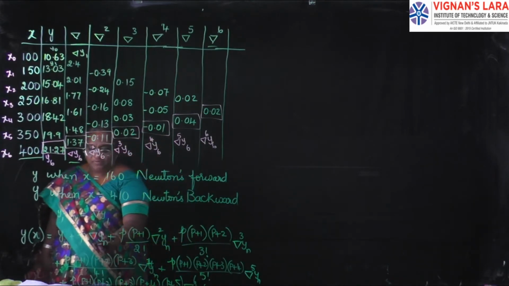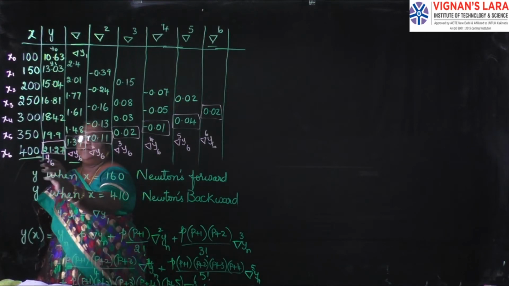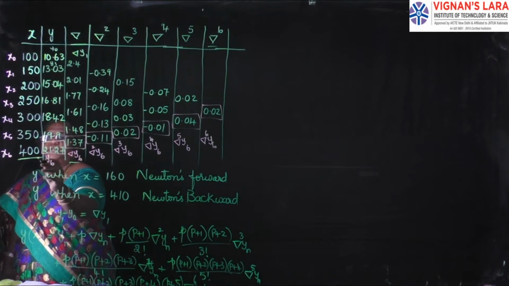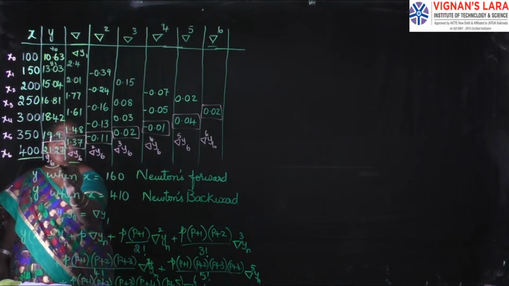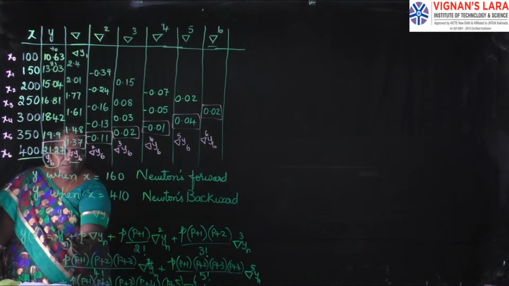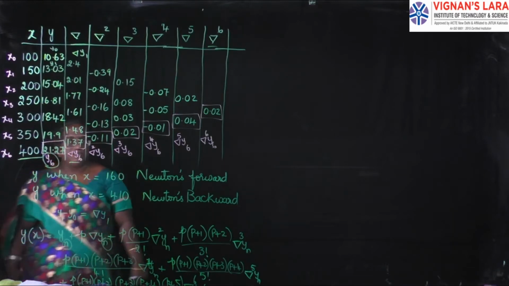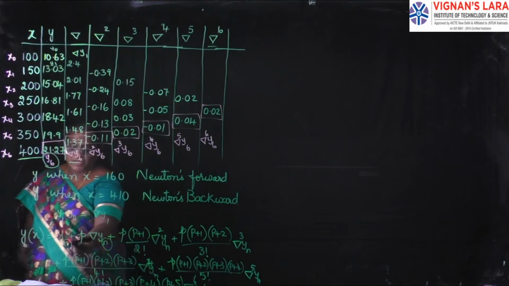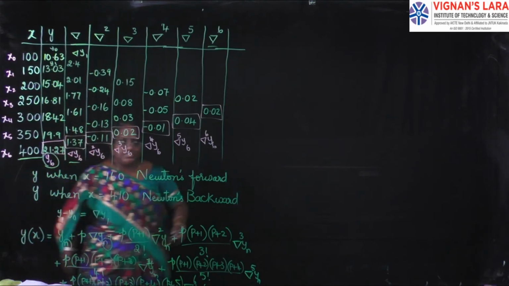So now here all yns, what is yn here? Because the last argument is x6, the last entry is y6, all yns are to be replaced with y6. So then the formula will be, when n is equal to 6, y6.